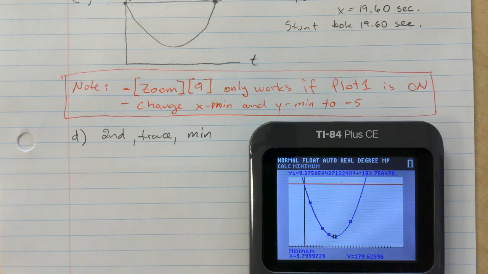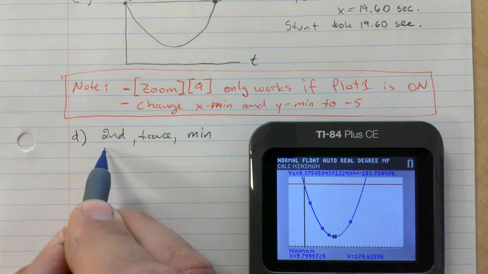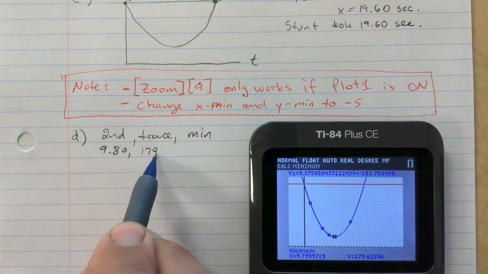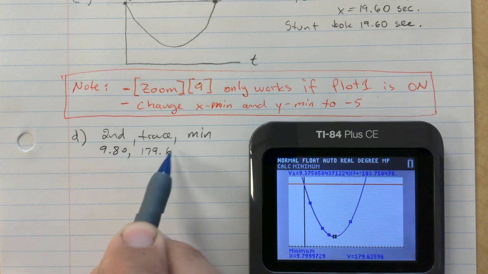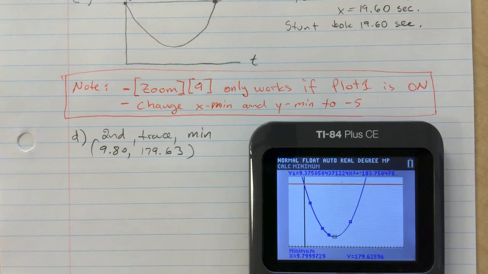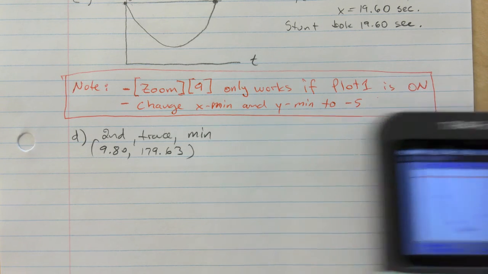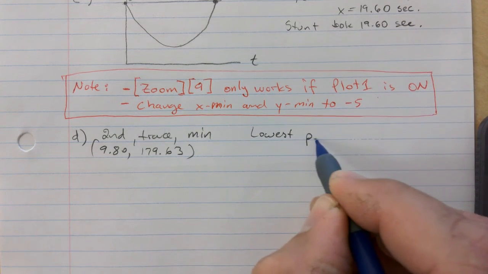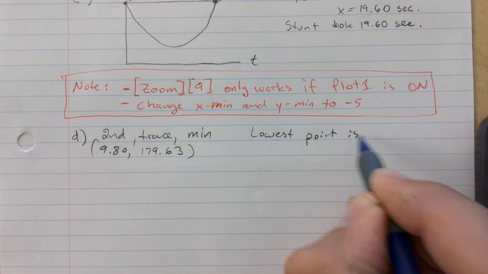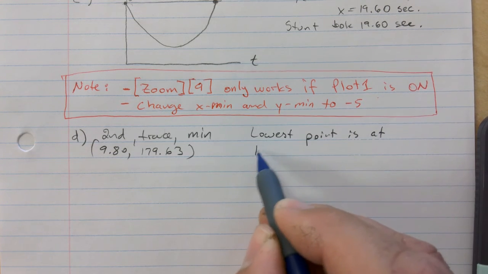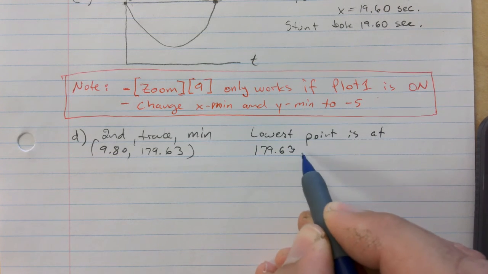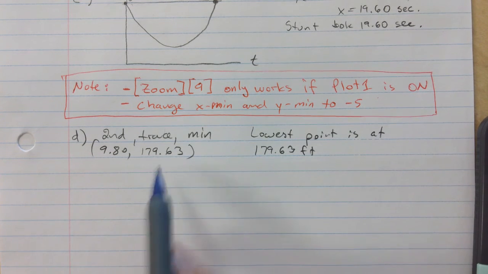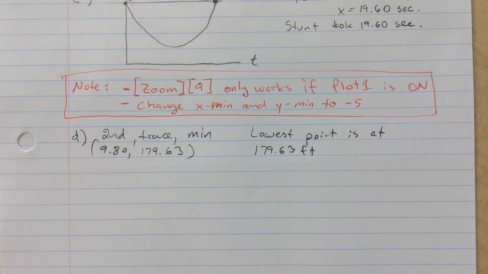So the minimum is 9.80 and 179.63. But you have to tell me which one of those two is going to answer the question, right? It's the 179.63, which corresponds to the height.